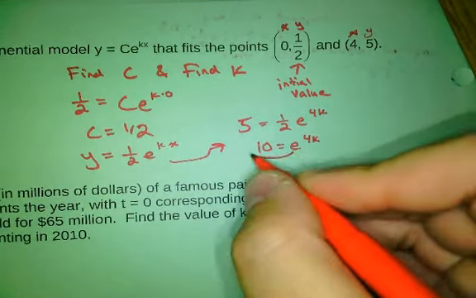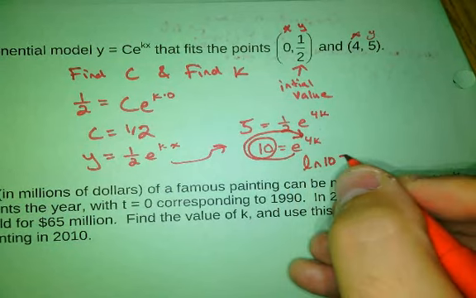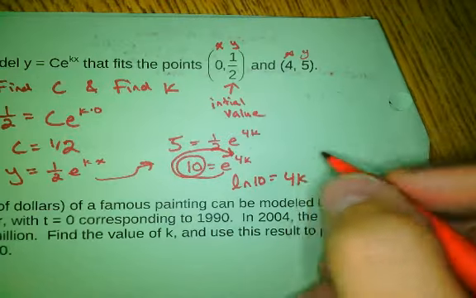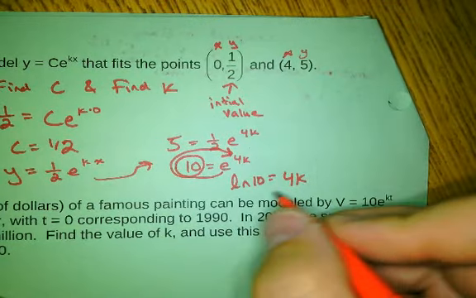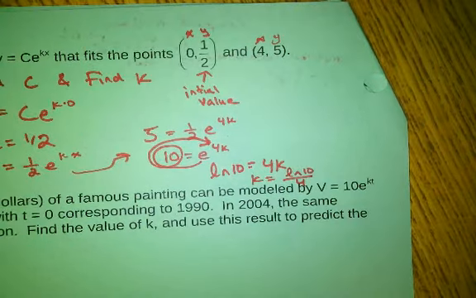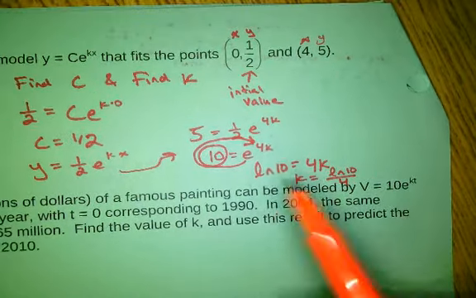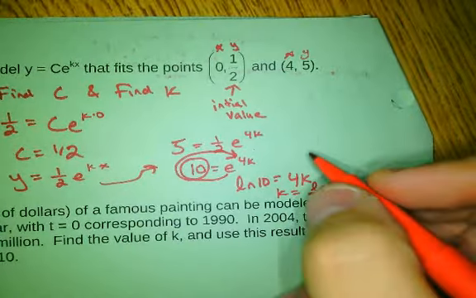I'm going to go ahead and loop this, just a backwards loop. ln of 10 equals 4K. Solve for K. And I'm going to get K to equal ln of 10 all over 4. This one does not require a calculator, by the way. All I wanted you to do is just solve for K, and then I'm going to rewrite that in now.